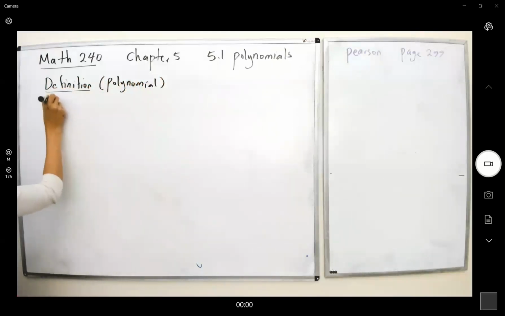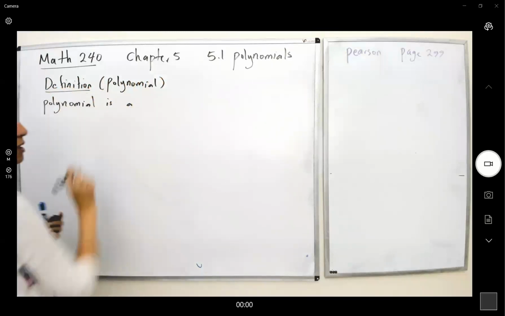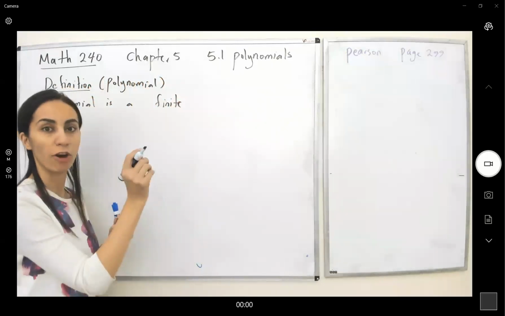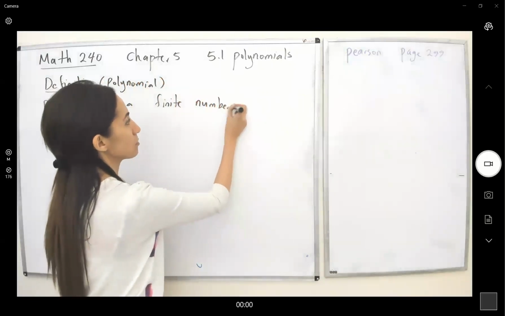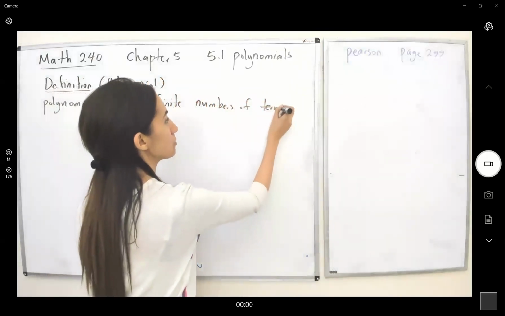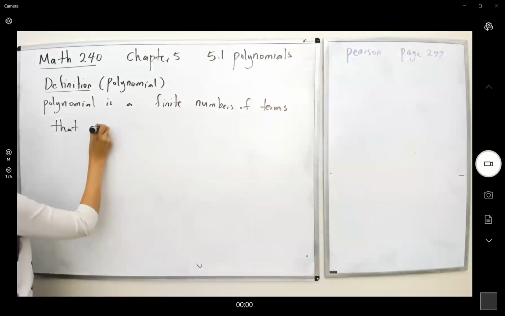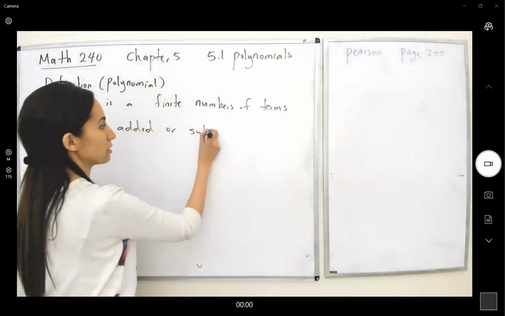So a polynomial is a finite number of terms that are added or subtracted.